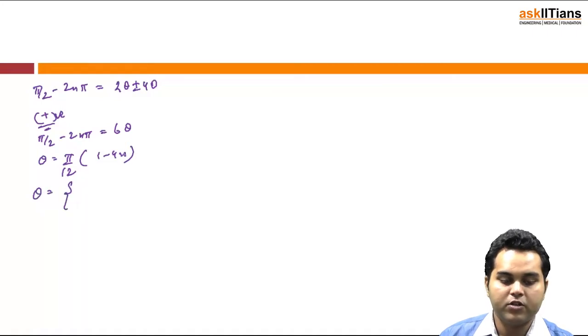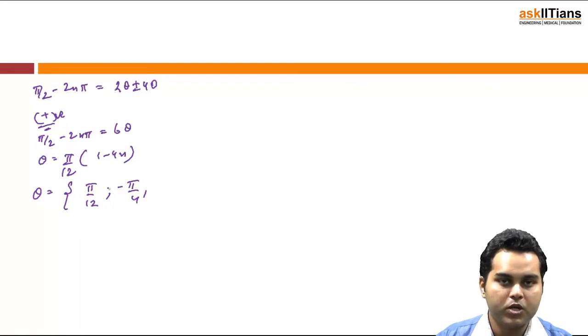So theta would be giving me values. If I put various values of n here, if n is equal to 0, I would get pi by 12. If I put n equal to 1, I would get 1 minus 4, that is minus 3 pi by 12, that is minus pi by 4. If I put n equal to 2, I would get 1 minus 8, which would again be a negative value, that is minus 7 pi by 12, which would be before minus pi by 2.